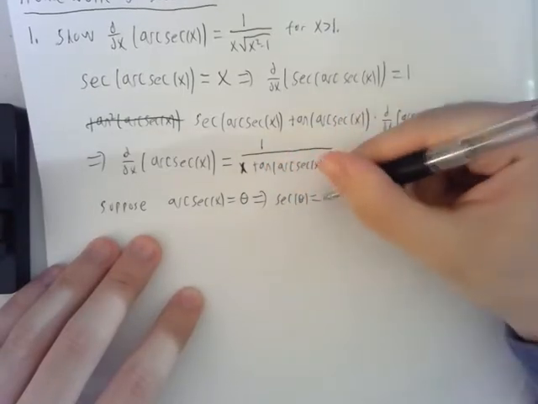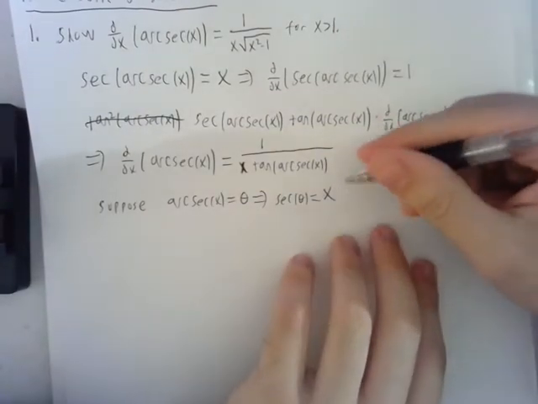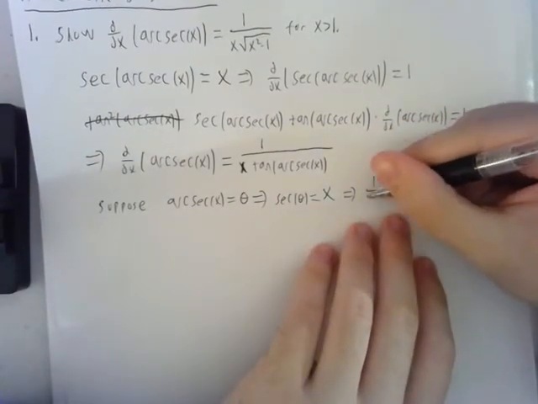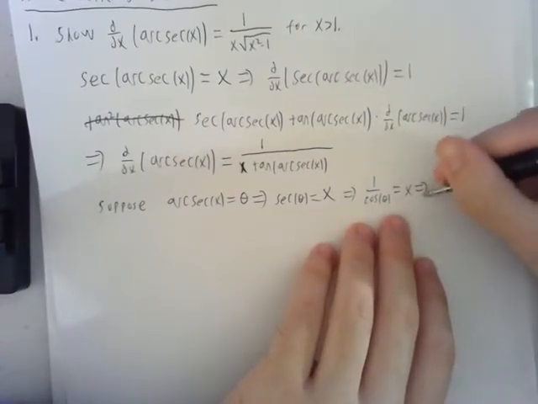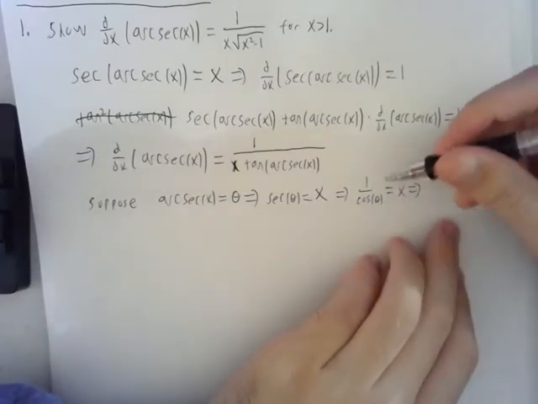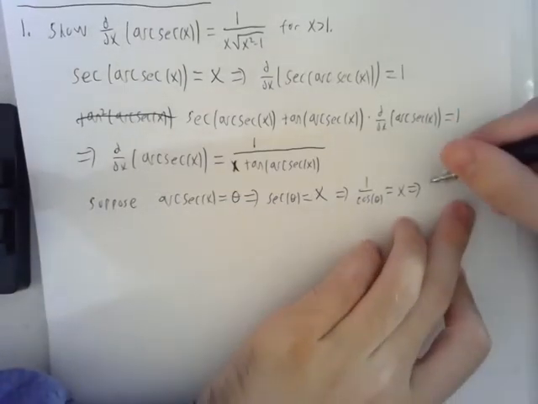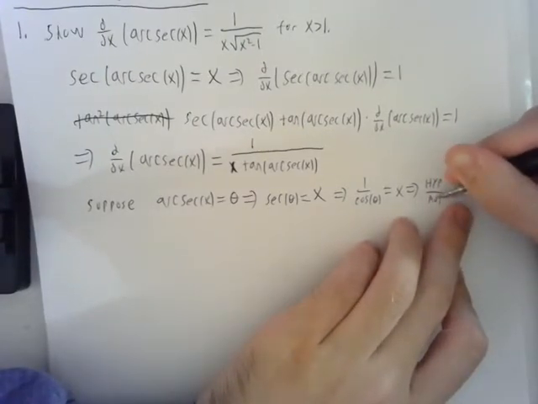Well, what's secant? It's 1 divided by cosine. So this means that 1 over cosine of theta is equal to x, which implies, if you remember, cosine is adjacent divided by hypotenuse, that hypotenuse divided by adjacent is equal to x divided by 1.